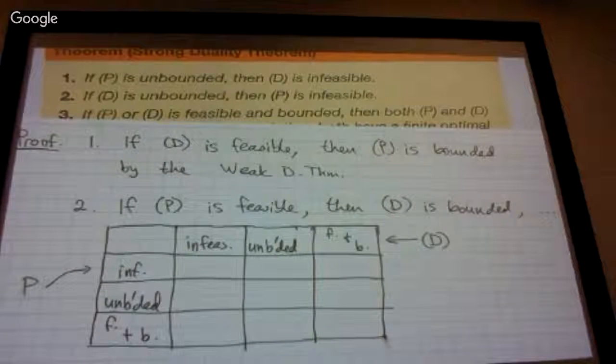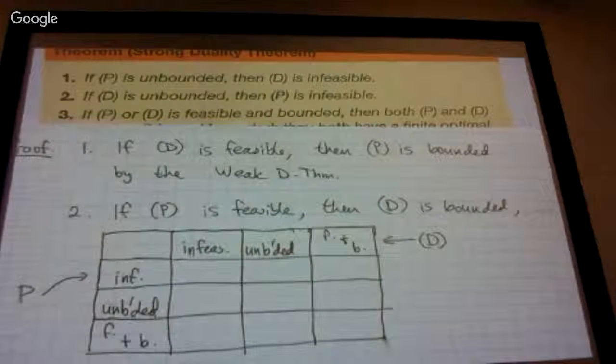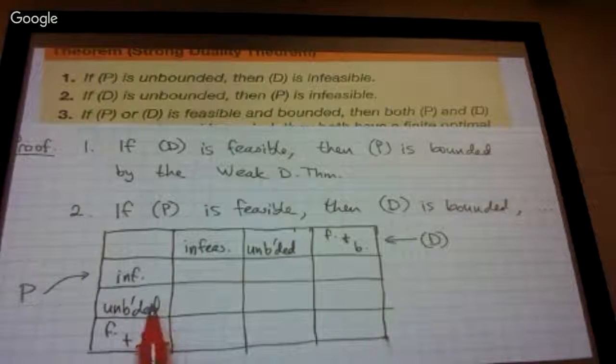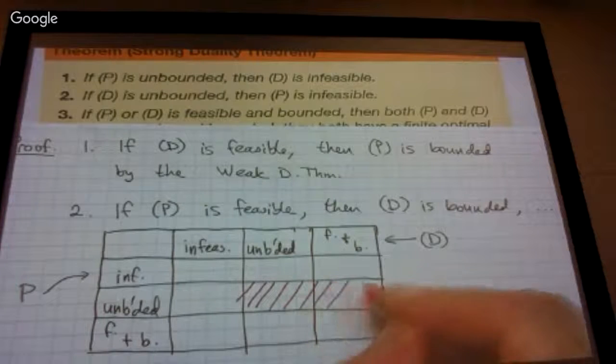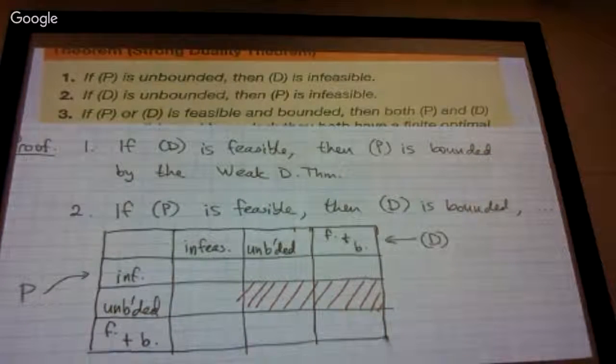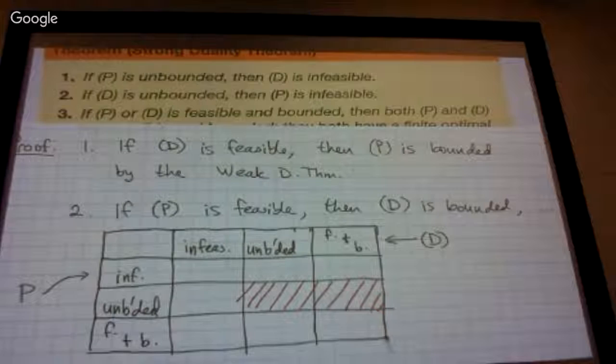Now, some of them cannot happen, can they? We just saw that if P is unbounded, then D must be infeasible. So these two cannot happen. And if D is unbounded, that's part 2, then P is infeasible.